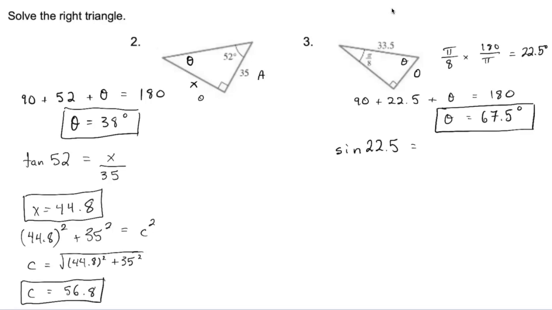is equal to the opposite, which I'll call x, over hypotenuse, which is 33.5. Multiply both sides by 33.5, and I get a value for x, which is equal to approximately 12.8.